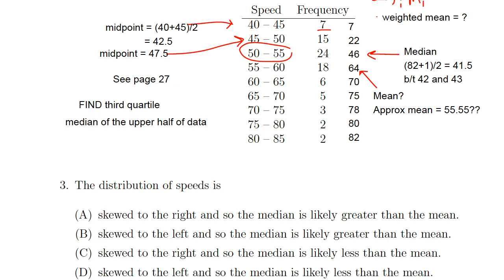So the median of the second half of the data. Halfway between there, how many observations are there? So one way to do this would be to renumber everything.